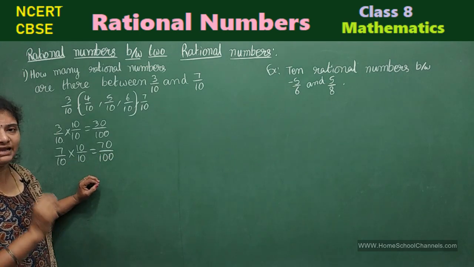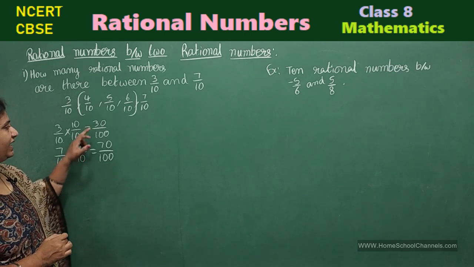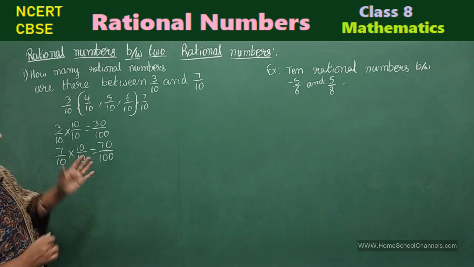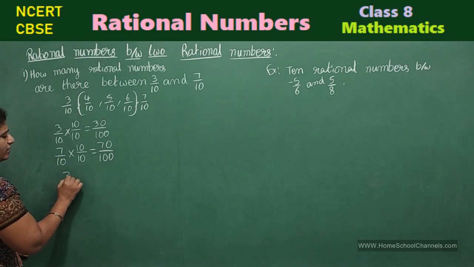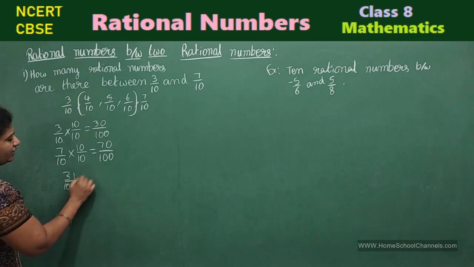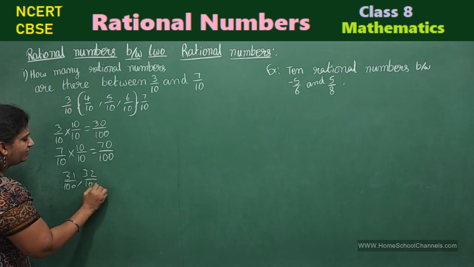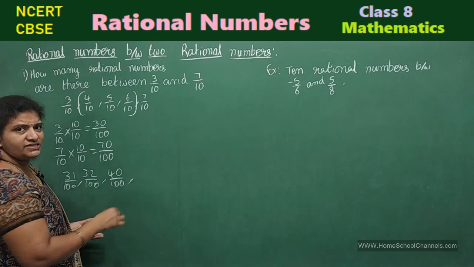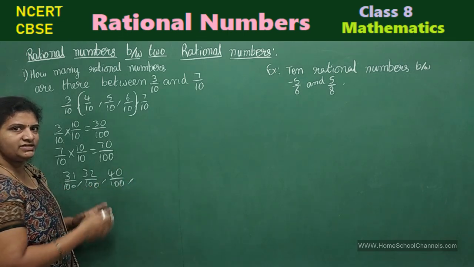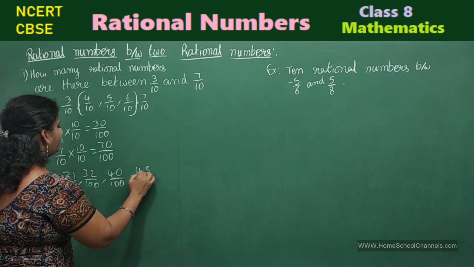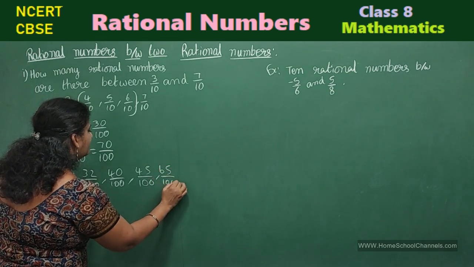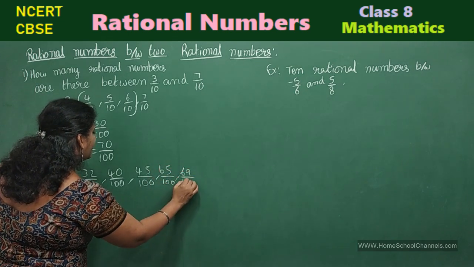Now say the rational numbers between 30 by 100 and 70 by 100. How many are you going to say? 31 by 100, 32 by 100, 40 by 100. Many you can say, but I am skipping many rational numbers and I am writing 45 by 100, 65 by 100, 69 by 100.